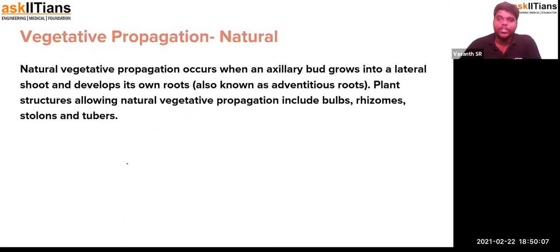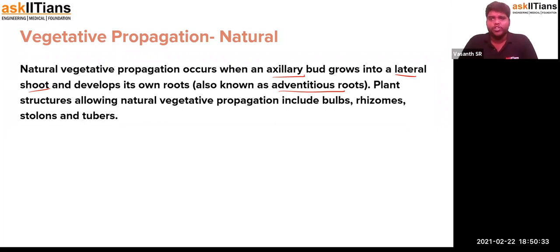Vegetative propagation includes two types, natural and artificial. Natural includes the auxiliary buds that grow in the lateral shoots and develop their own roots, known as adventitious roots. There are a lot of plants which grow from their vegetative part.